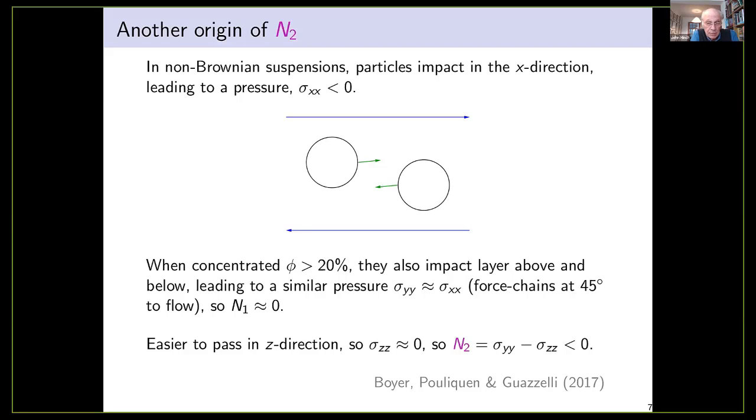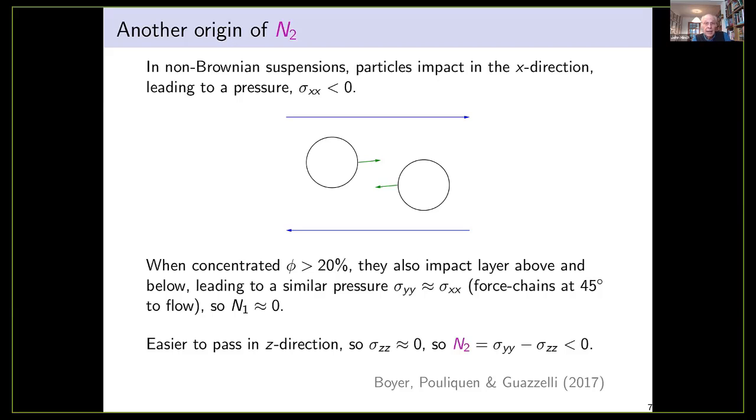In fact, for those who've looked at granular flows, there are force chains very much aligned at 45 degrees to the flow, which means that the y stress and the xx stress, these two pressures in the x direction and the y direction, are pretty equal, and N1 has suddenly gone to 0.